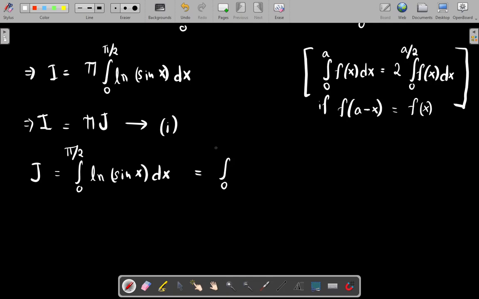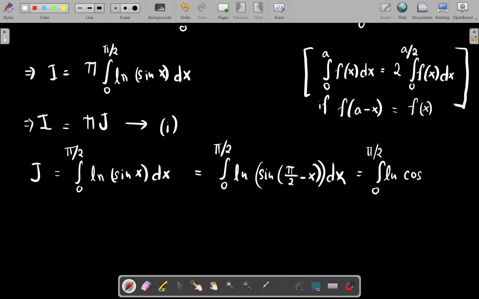So this becomes the integral from 0 to pi by 2 of ln sin of pi by 2 minus x dx, and ln sin of pi by 2 minus x is nothing but ln cos x. So we have J equal to the integral of ln sin x dx and also the integral of ln cos x dx.